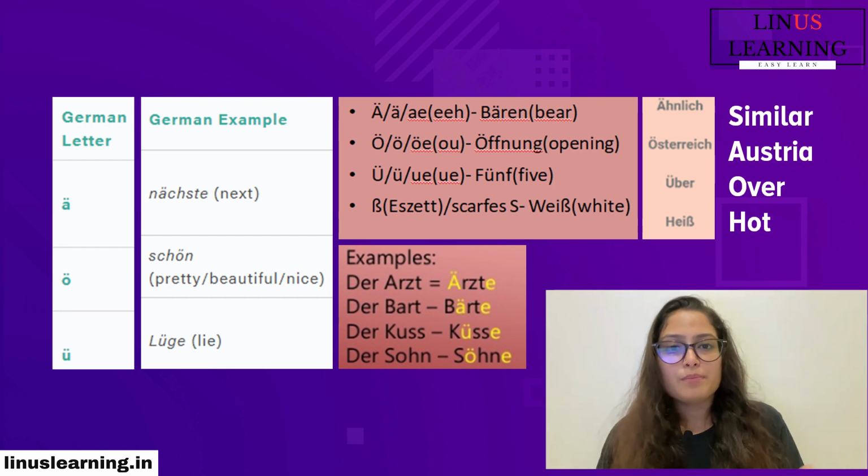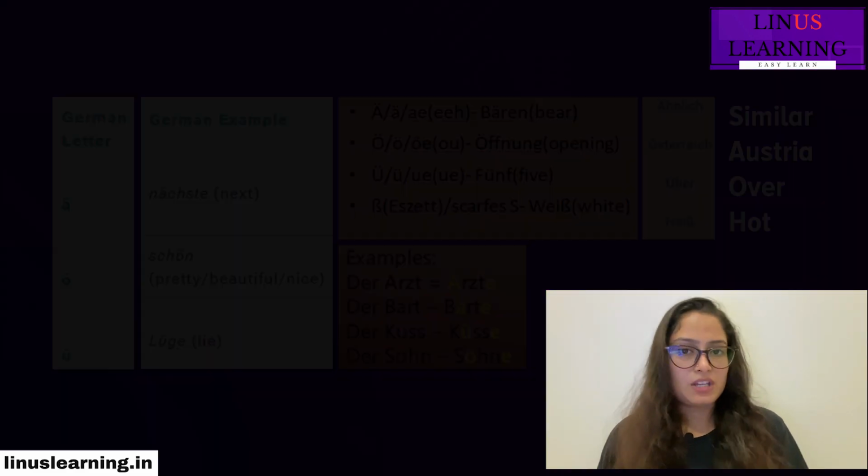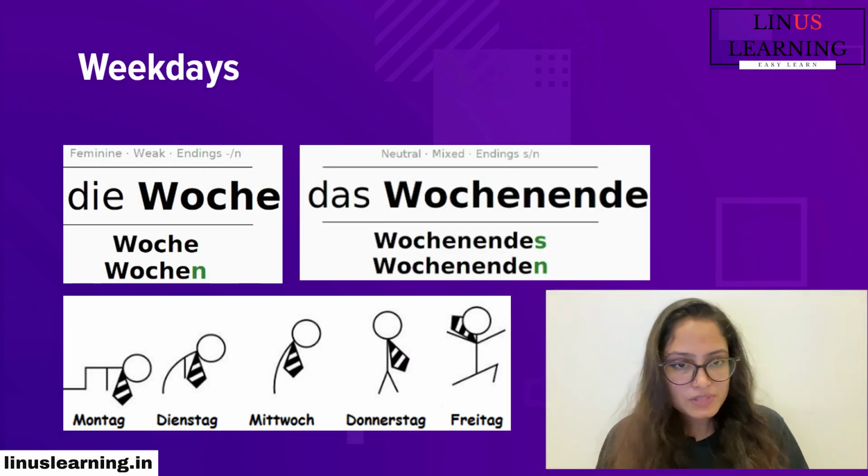So von A bis Z means from A to Z. So these are the alphabets that we have.